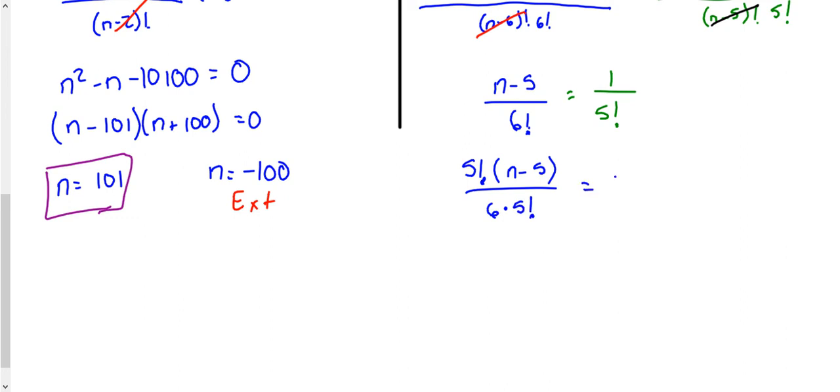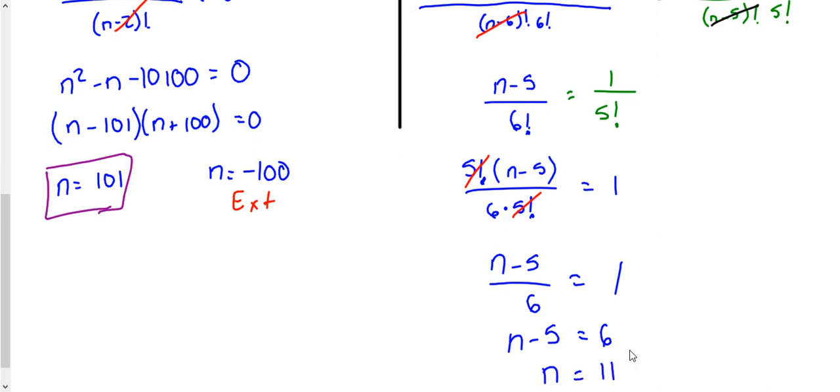And all of that's equal to 1. Why did I change my denominator to 6 multiplied by 5 factorial? Because this and this will cancel out now. So what are you left with? We're left with n minus 5 all divided by 6 equals 1. And again, just isolating for n here, n minus 5 is equal to 6 because you multiplied out the 6, so then n has to equal 11 once you move that 5 over. And there we go. That's our solution.